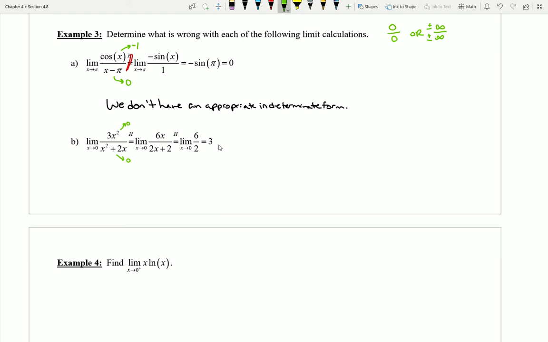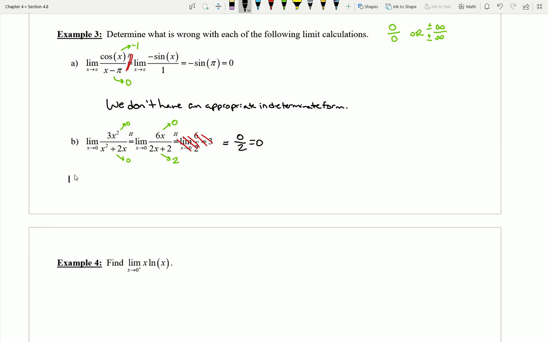So what's wrong here? Well, it's actually the same exact problem. Notice here, my top in this part is going to 0, but what's the bottom going to? 2. So if that's the case, then actually all of this work here is absolutely wrong. I should have just ended up with no L'Hopital's rule at all, and I just get 0 over 2, or I get an answer of 0.